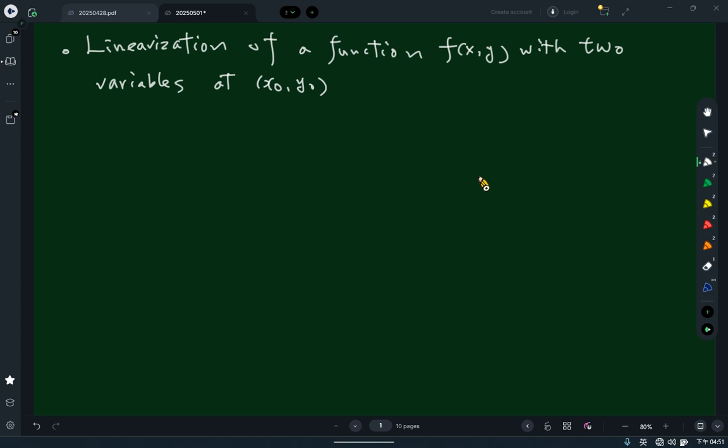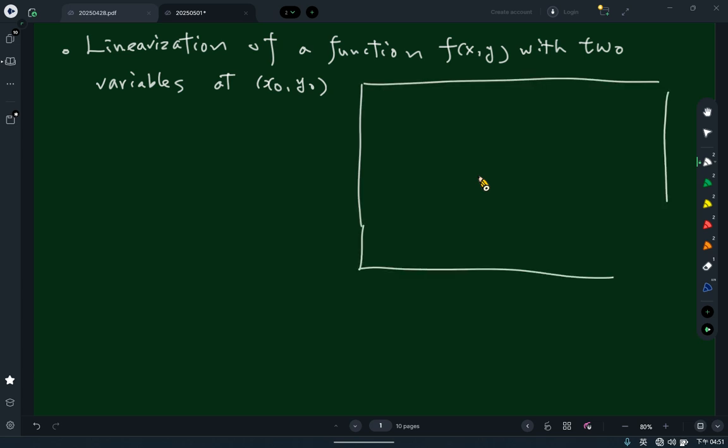Before I formally introduce the linearization for a two-variable function, I would like to spend some time reviewing the concept in single variable. Normally we will have y is equal to f of x.